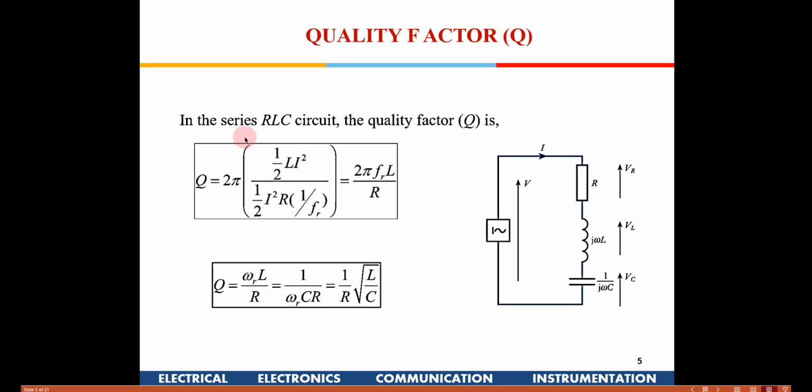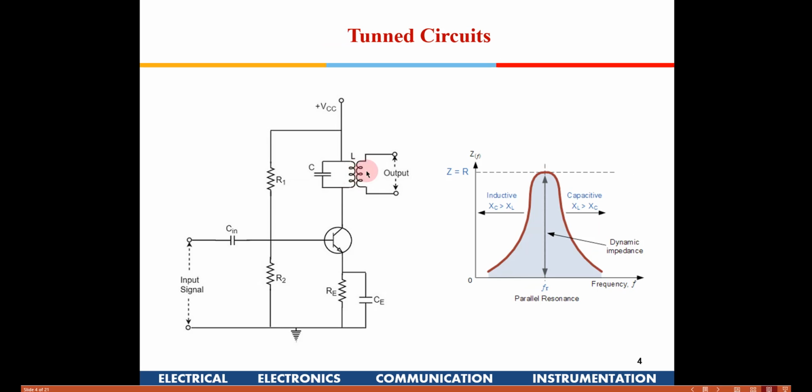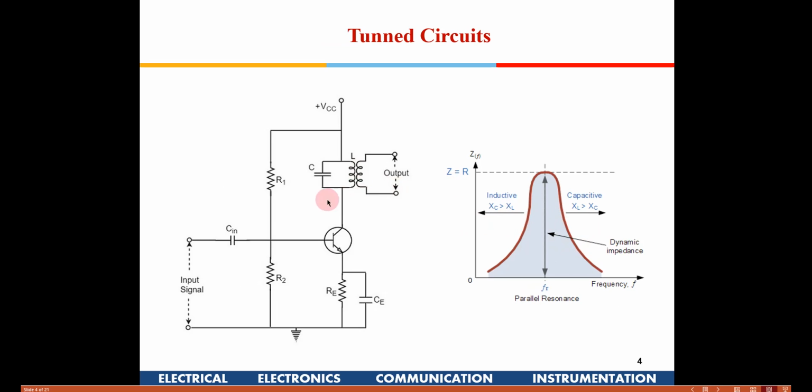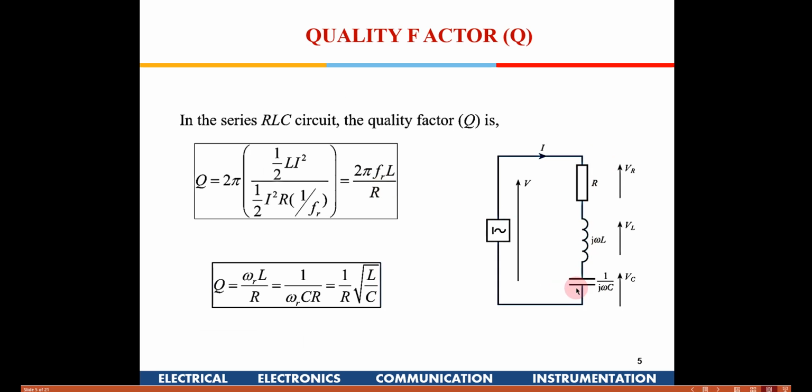If you see Q here, for a parallel RLC circuit, for a series RLC, here it was a parallel RLC circuit, that also will have the same kind of selectivity, and we'll see that also. But here we are talking about a series RLC circuit. So the quality factor, how is it going to be defined?